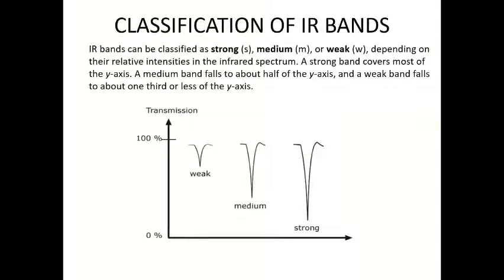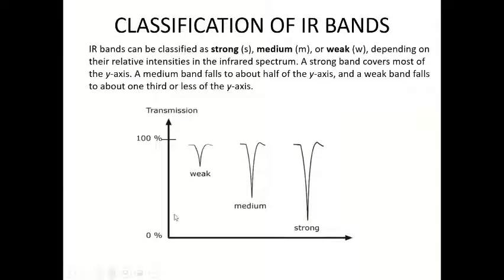The bands can be classified as strong, medium, or weak, depending on their relative intensities in the infrared spectrum. A strong band will cover most of the y-axis, as you can see here. One example of this strong band will be the carbonyl, the C double bond O band.